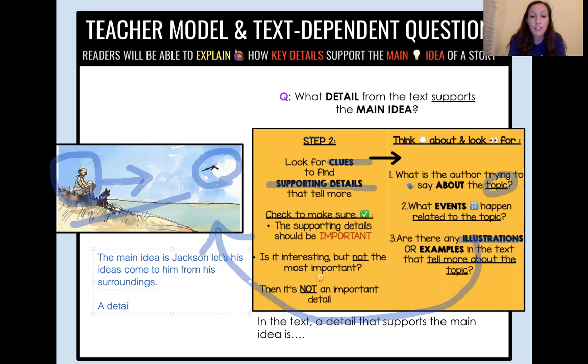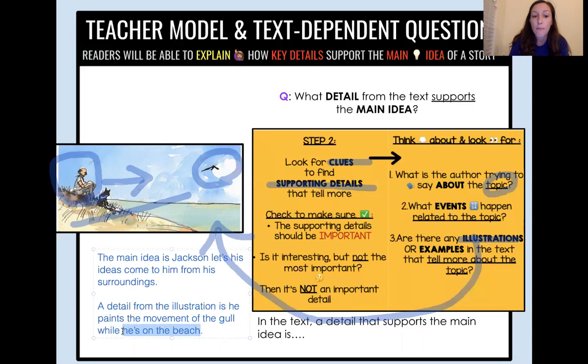A detail from the illustration is he paints the movement of the gull while he's on the beach. So again, this helps us think about the topic again. We said that the topic was how he's on the beach. What we learned more about the topic using the supporting detail of the illustration is that he paints the movement that he sees of the gull while he's on the beach.